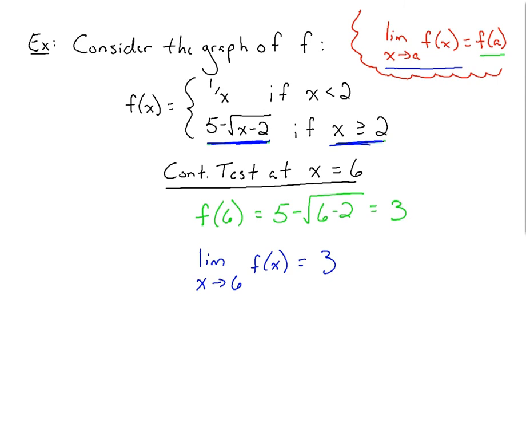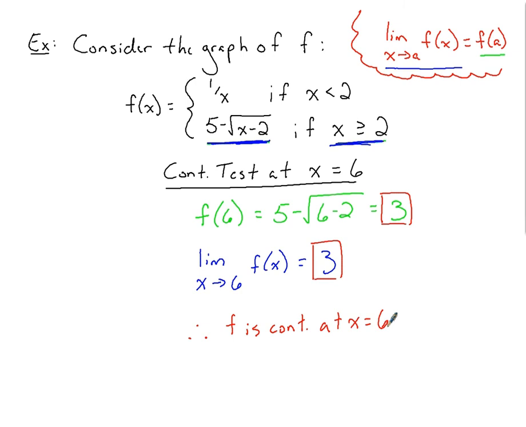So what we're trying to show, now that we've done the limit, is that the value we get for the limit and the value we got back for when we plugged x into the function are the same thing. If they are, we can conclude that f is continuous at this x value of 6 that we just explored.